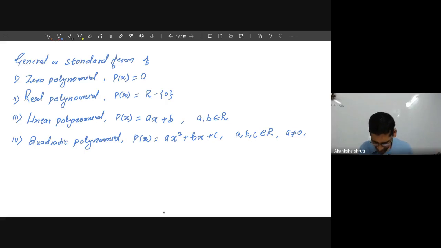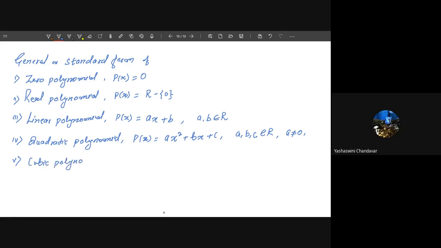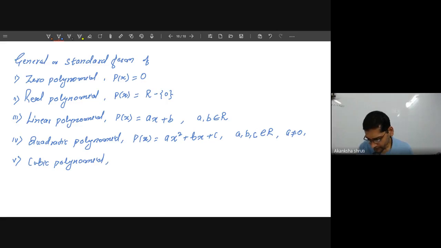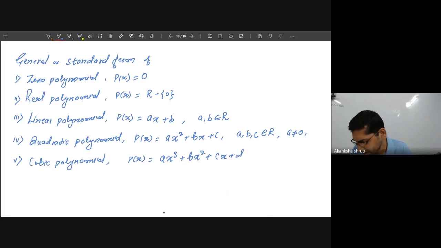Another was the cubic polynomial. Degree is equal to 3. Very good. So a 3-degree polynomial is called a cubic polynomial, meaning the highest power of the variable should be 3, meaning ax cube. Other terms, x square, x and the constant term, may or may not be present if the coefficient is 0. So in standard form, it is ax cube plus bx square plus cx plus d.